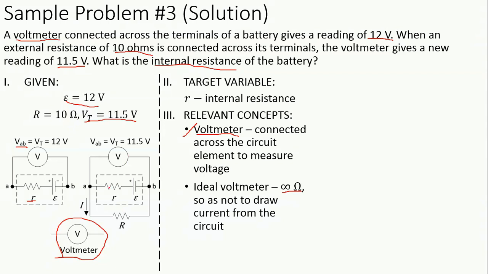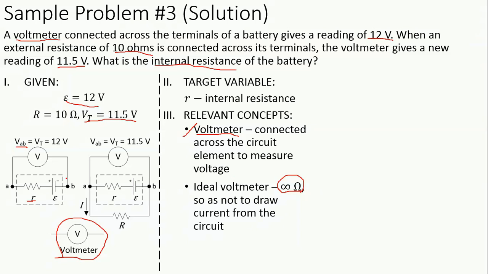So if the ideal voltmeter has an infinite resistance, that means it won't draw any current, because infinite resistance is identical to an open circuit. In an open circuit, no current will flow.